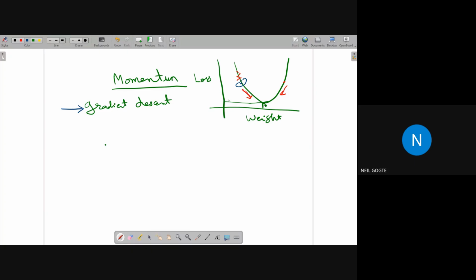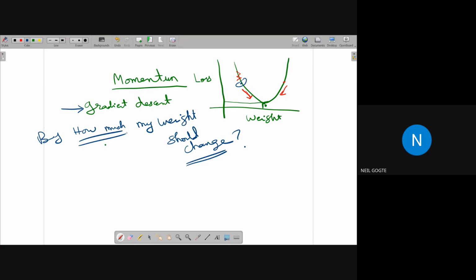My descent at this point, descent means the step that I take, so basically I have to decide by how much my weight, or weights, should change. This is the quantum of weight change.